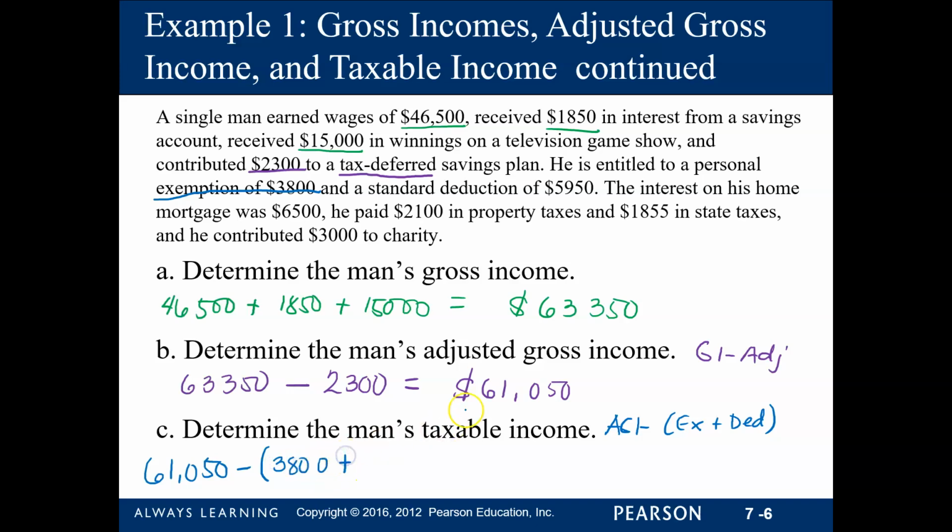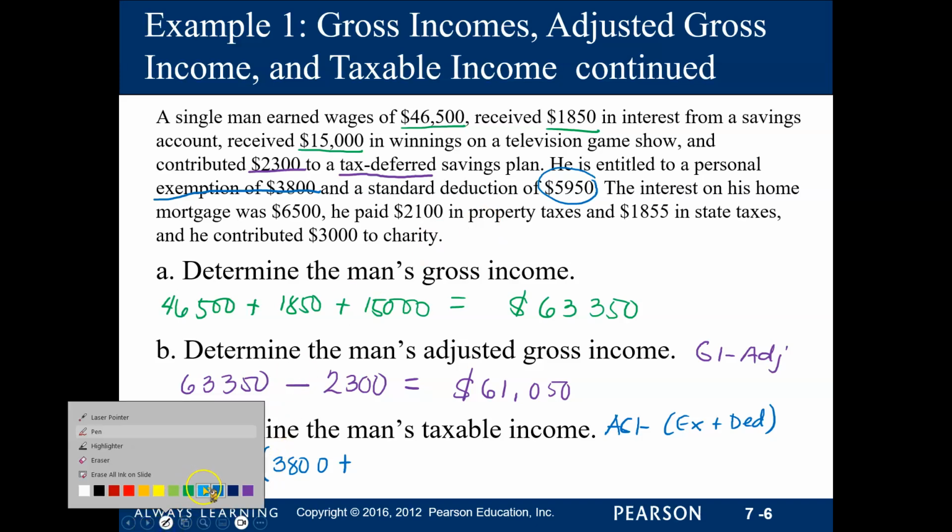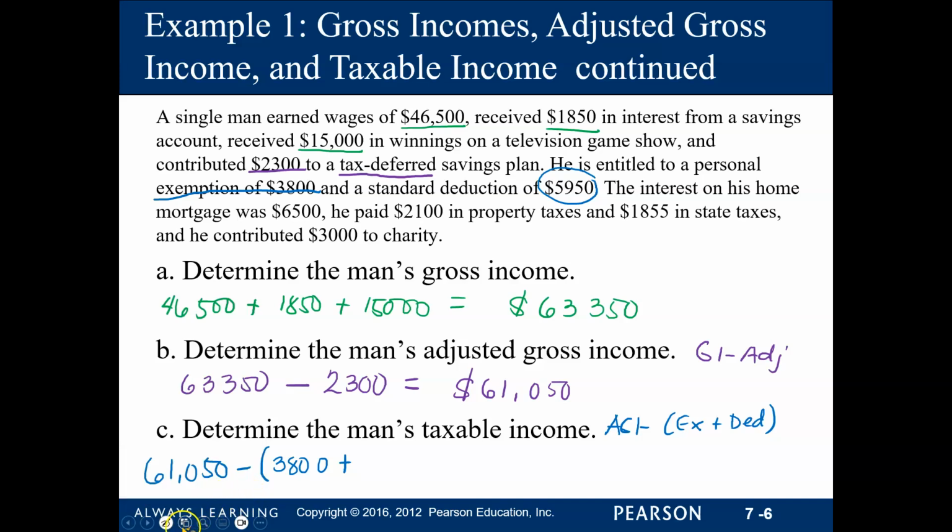Now, our deduction, we've got two choices. Are we going to use the standard deduction or the itemized deduction? The standard deduction is 5,950. But if you take a look at our itemized deduction, the itemized deduction will include the interest on the mortgage, 6,500, the taxes already paid, 2,100 and 1,855, and again, the charity amount, 3,000.